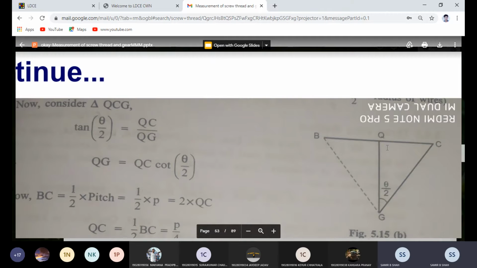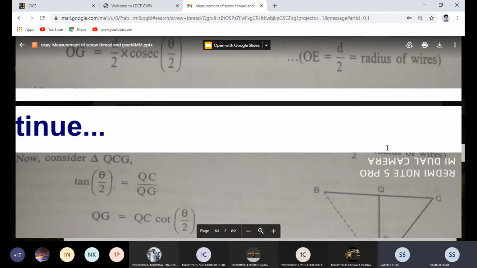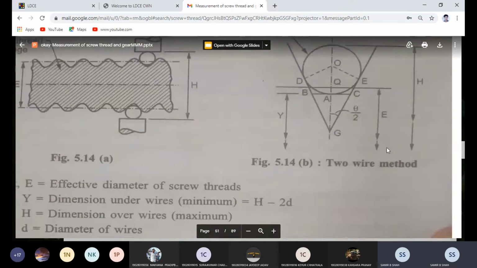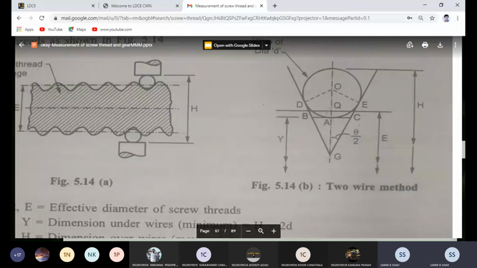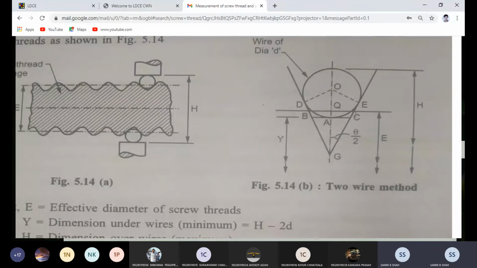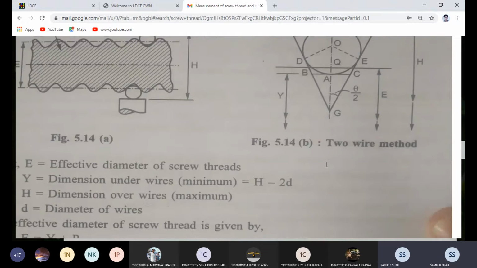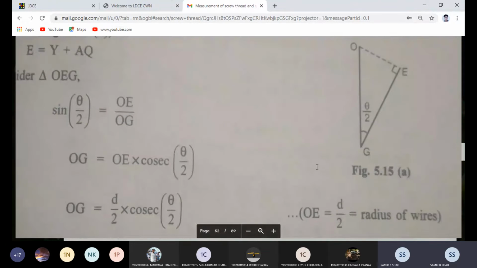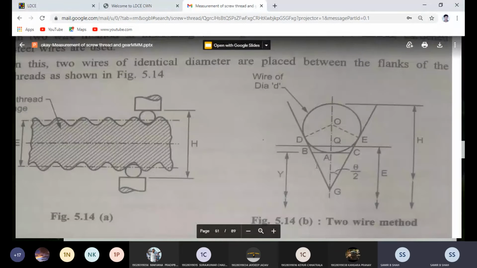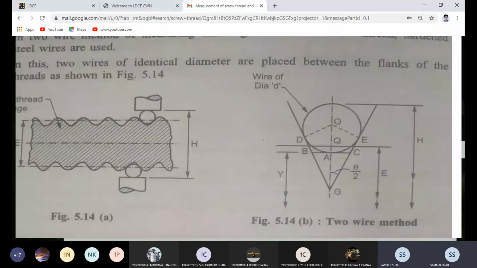For triangle QCG, you can just verify with this also. Okay, initially we find OG, so it's very easy for you. OG, the whole vertical line, we have already found.